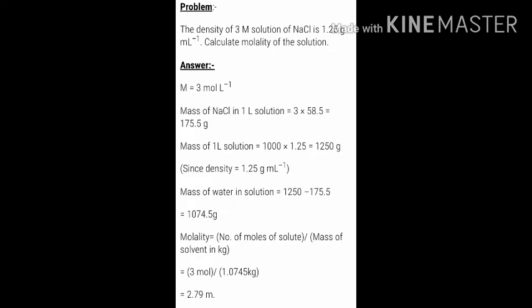So the mass of solution, that is the total mass, is 1250 grams. Now to find the mass of water, we take 1250, the total mass, minus the mass of sodium chloride calculated over here, 175.5 gram. When we subtract, the mass we get is that of water, that is 1074.5 gram. Children, you just have a clear idea about this.